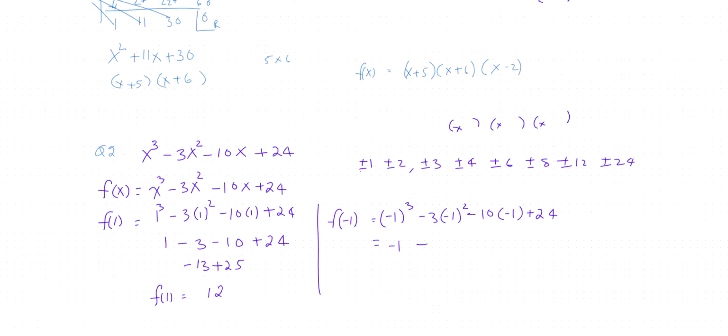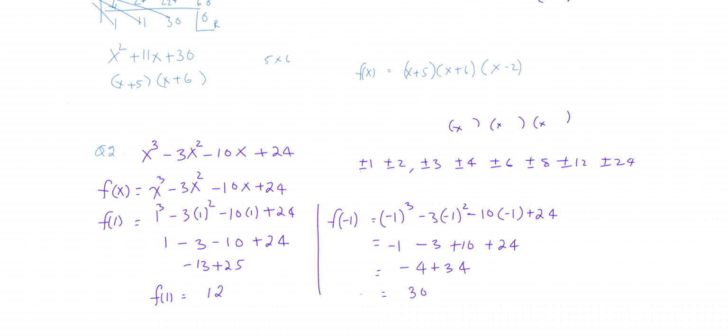So again, we will not get 0. Negative 4 plus 34, which is 30. So f of negative 1 is 30. Again, it's not a factor.